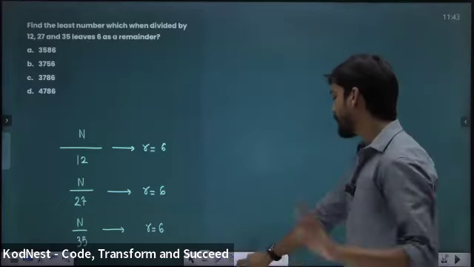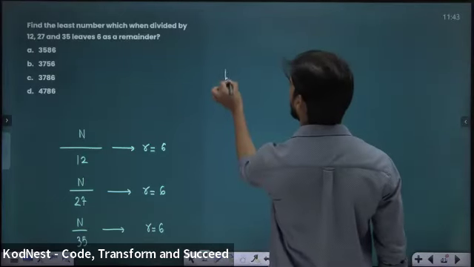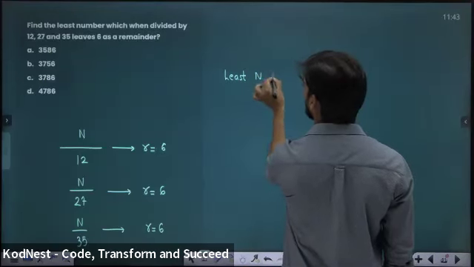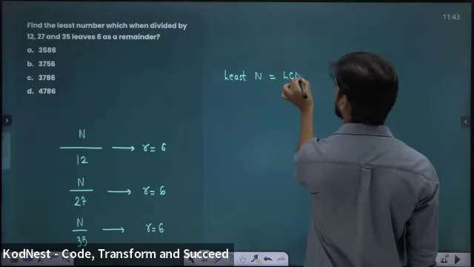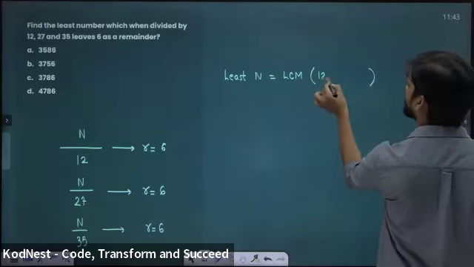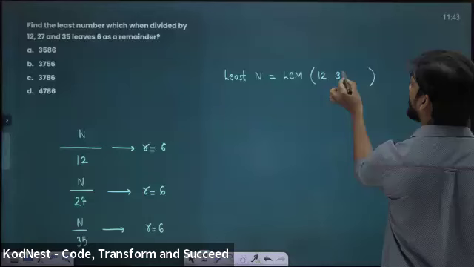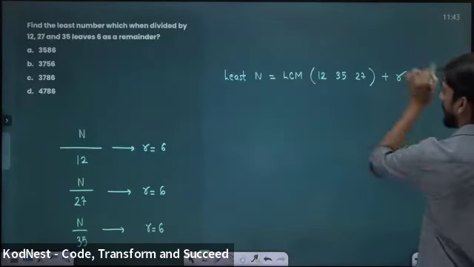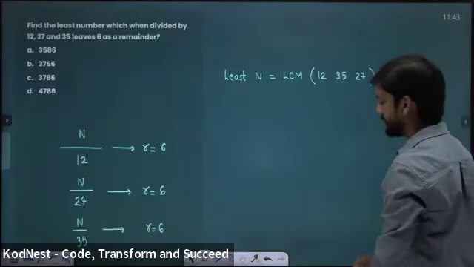So for least value, we will not think anything. For least value, least number, I will calculate LCM. LCM of all the divisors, that means 12, 35, 27. All the divisors, and I will add the remainder. This is your answer.